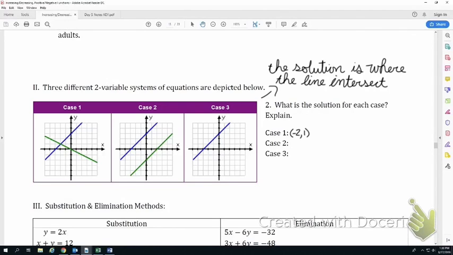No solution. If the solution is where they cross, well, if they never intersect each other, then there's no solution. Case 3, it's kind of hard to see, but if 2 lines are right on top of each other, infinite number of solutions.